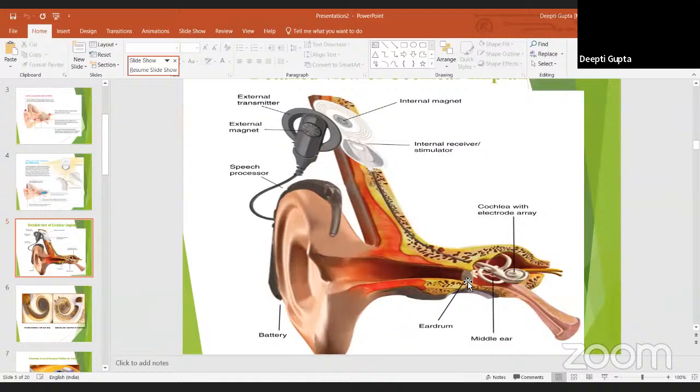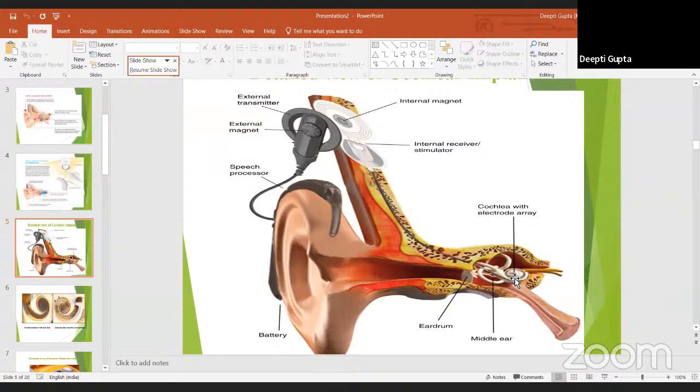So in that case, suppose the outer ear or the middle ear has some problem, cochlear implant is the best thing, because it is not going from outer to middle to the inner ear. It's directly reaching from outside to the inner part of the ear, that is the cochlea.